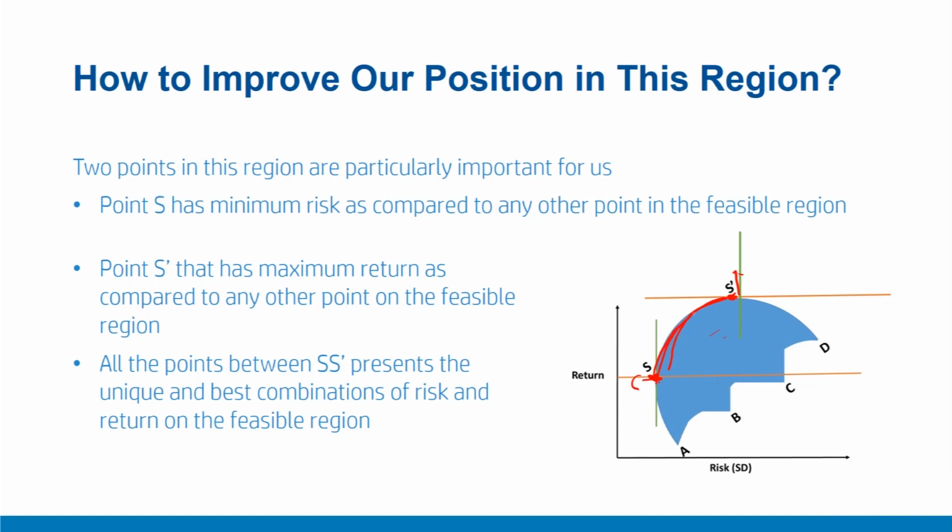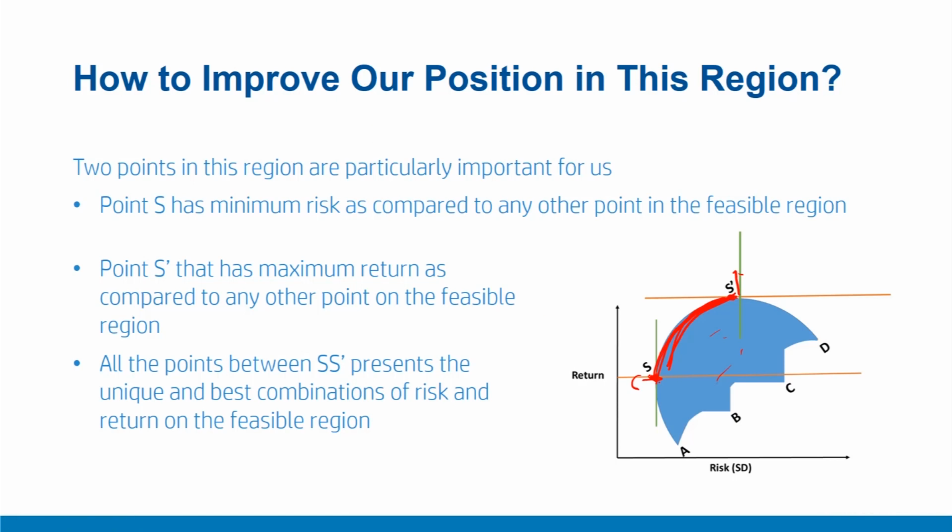All the combinations on this surface SS dash are called the efficient frontier on this entire feasible region, because these points offer you the best combinations of risk and return possible in the entire feasible region. So this becomes our efficient frontier.